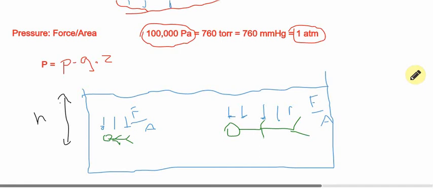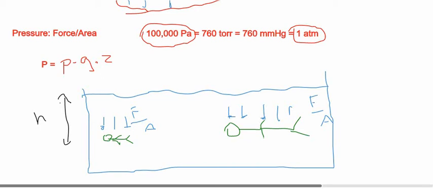Because the larger adult does in fact have a larger force, he also has a larger area. So if we divide that, the division should equal out. So both the small child and the large adult are actually experiencing the same pressure.